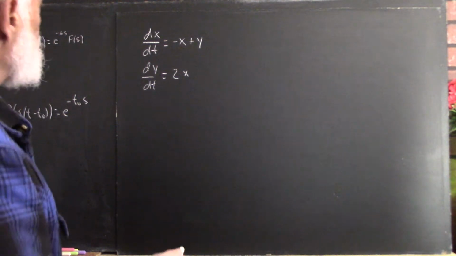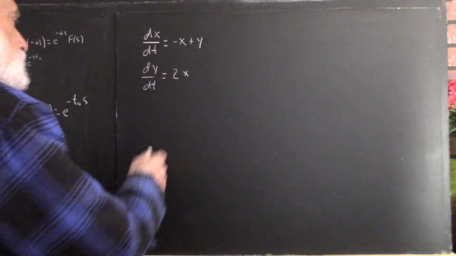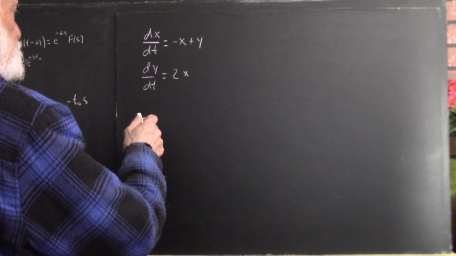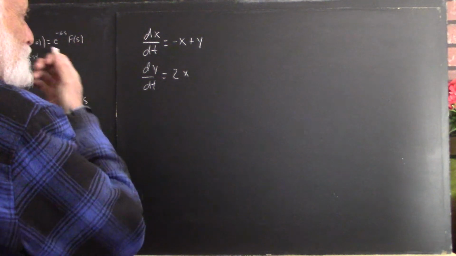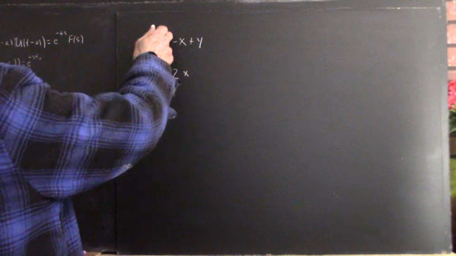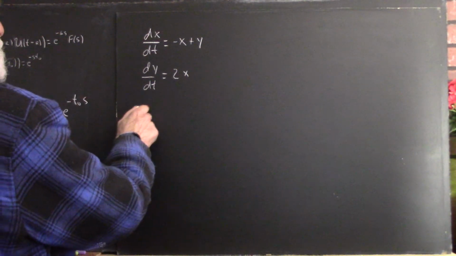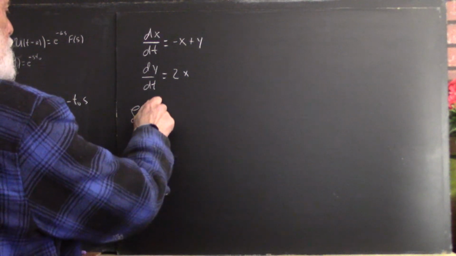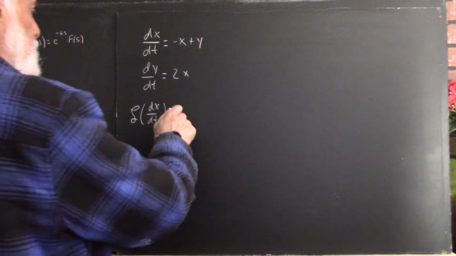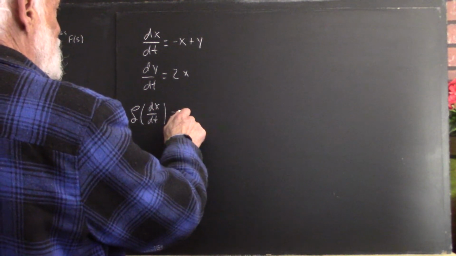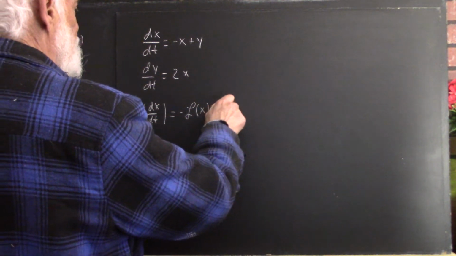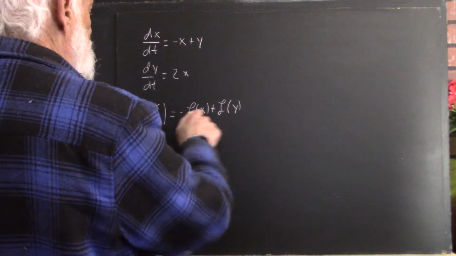Okay, so this tells us, I'm just thinking about notation. I almost wish I'd have used x prime here, but anyhow, the Laplace transform of dx/dt equals the negative of the Laplace transform of x plus the Laplace transform of y.